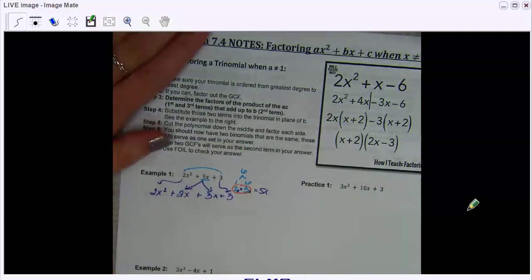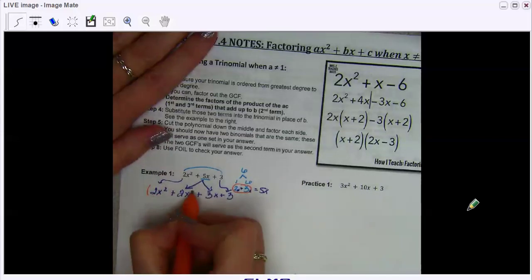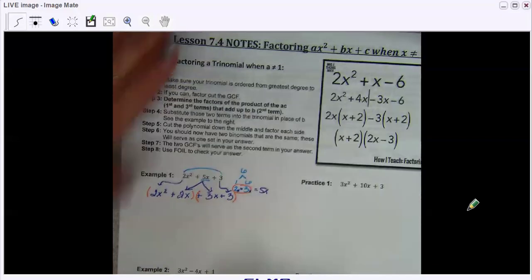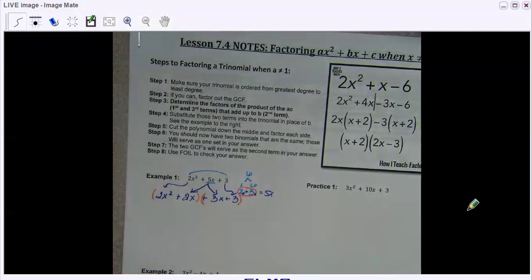All right. Then what you're going to do is group them together, and you're going to solve like we did on our last homework assignment, okay? So any questions about that step right there?